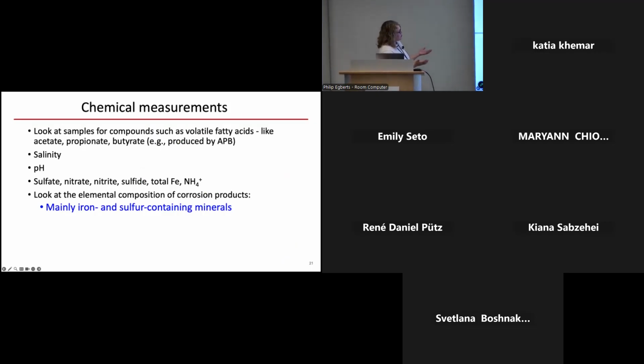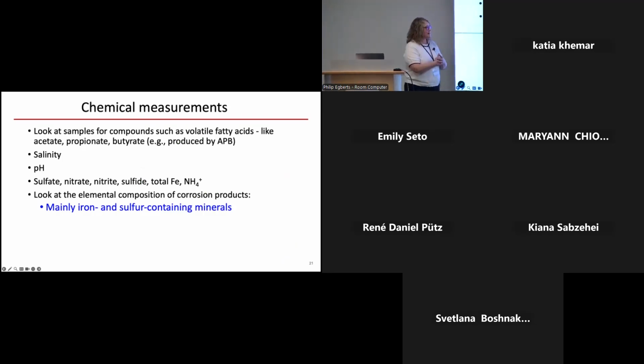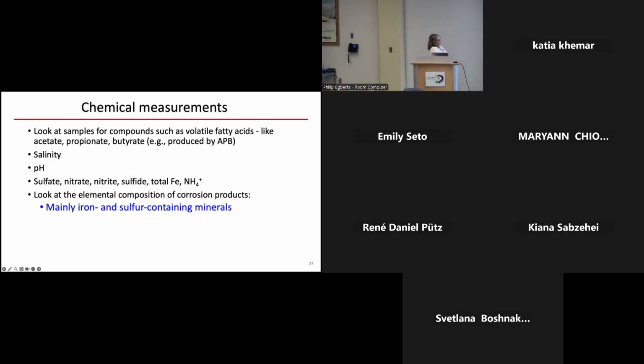So for chemical measurements, you'd want to look for things like volatile fatty acids, like acetate, propionate, butyrate. These are known metabolites produced by acid producing bacteria that seem to play a role in some microbial corrosion. Salinity matters, pH matters. You have all your different potential electron acceptors. We've assumed here anaerobic conditions.